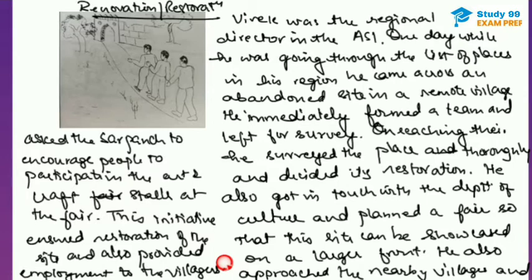Now, one thing that you would have noticed in this story is that I have not mentioned the age of the central character anywhere in the story. Remember, there is no point in mentioning the age of the central character in the story.